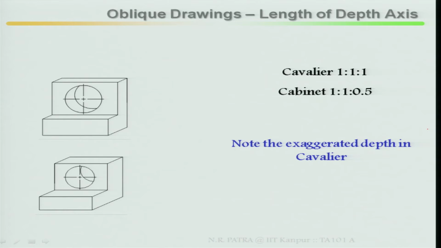So 1:1:1, that means width, height and depth 1:1:1. Cabinet is 1:1:0.5. Remember, this is your width, this is your height, this is your depth. So here in cabinet it is 1:1, then 0.5 in your depth direction.